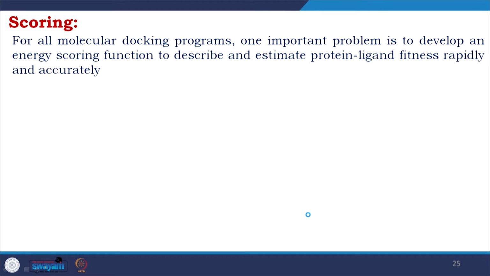For all molecular docking programs, one important problem is to develop an energy scoring function to describe and estimate protein ligand fitness rapidly and accurately. The better scoring function you have, the more straightforward scoring function you have, the quicker the drug designing. The more accurate scoring function you have, the better your success in drug designing.